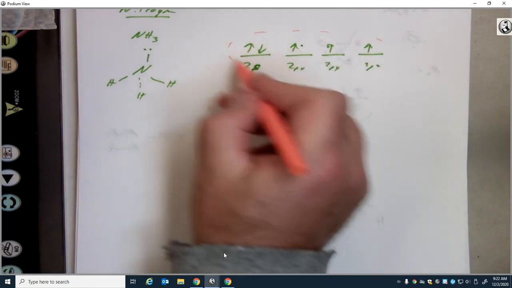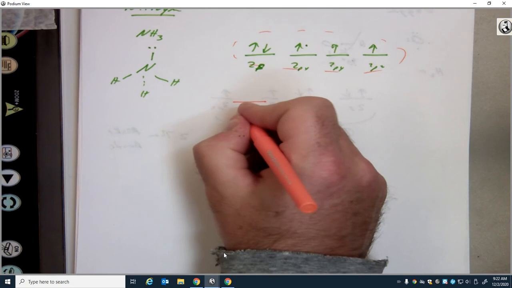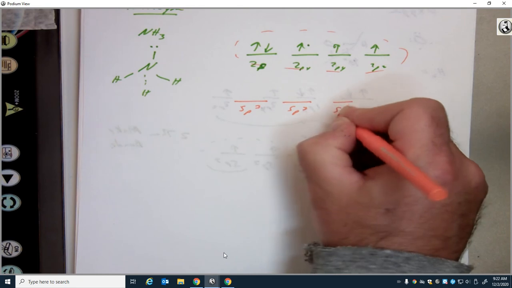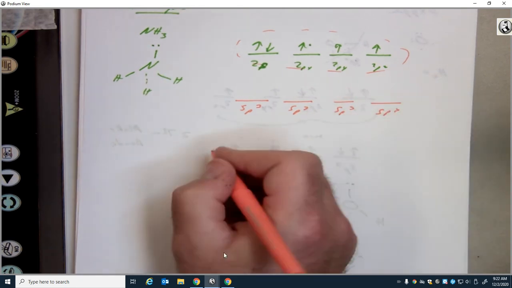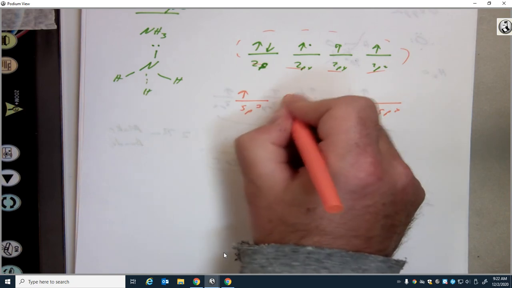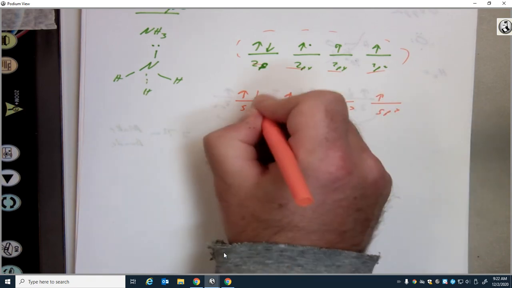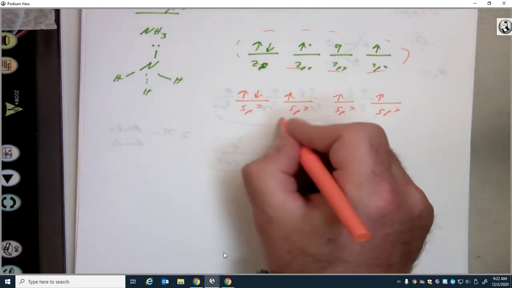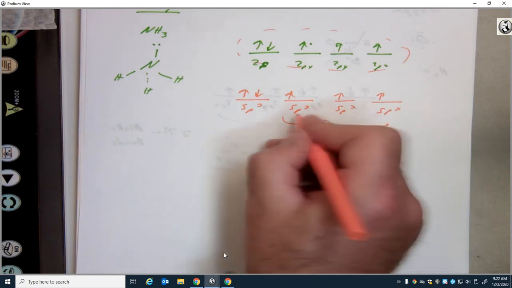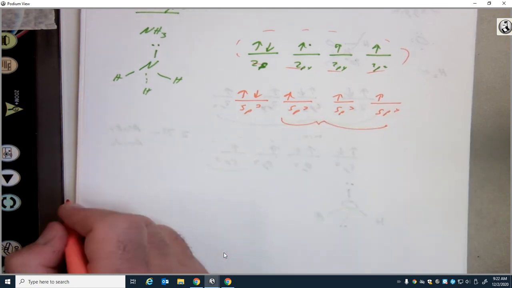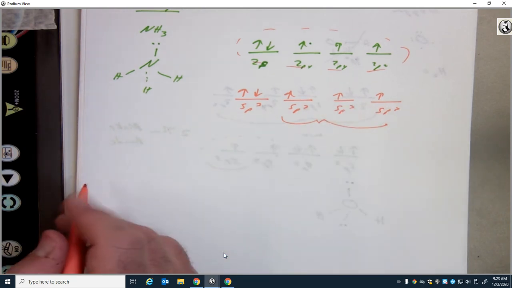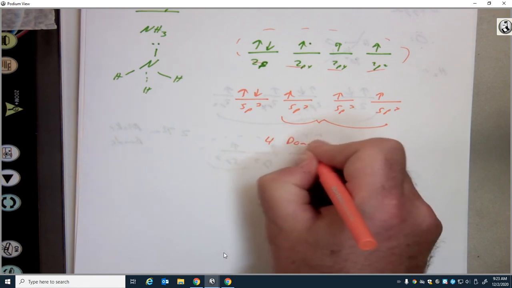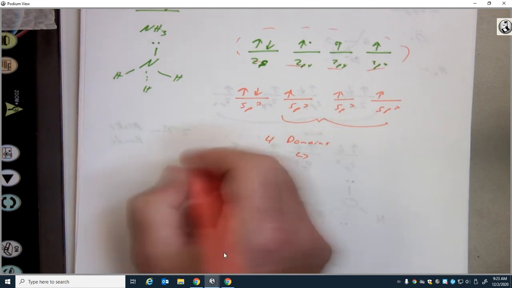Okay, so these mix, and we end up with sp3, sp3, sp3, sp3. 1, 2, 3, 4, 5. And again, now we have these three equal orbitals where we're going to make our bonds. Okay. And again, this produces our 4 domains, which generally give us that tetrahedral shape.